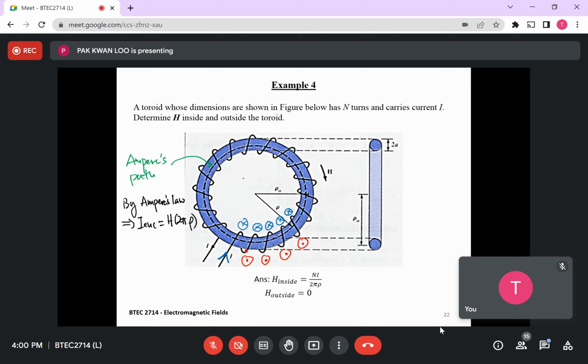If my current magnitude is I, and I have n windings, that means I have n of these currents going into the page.